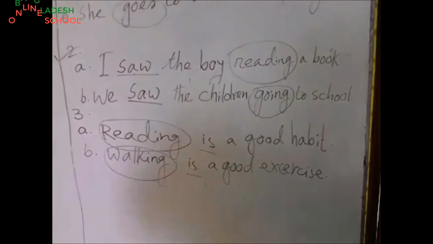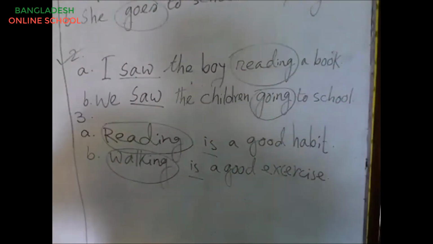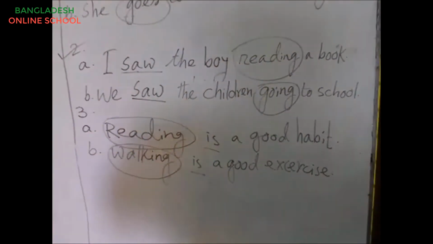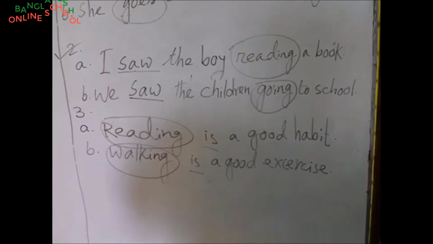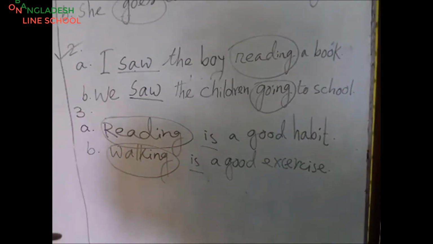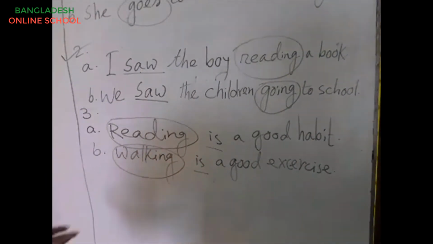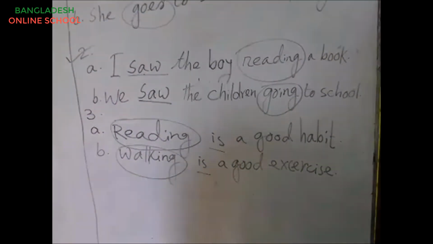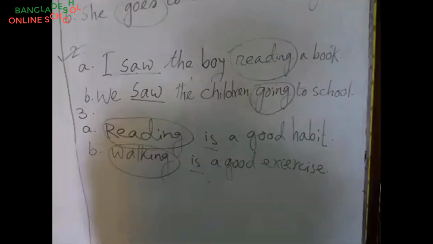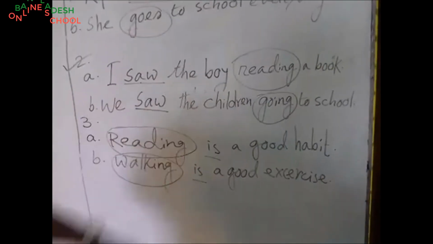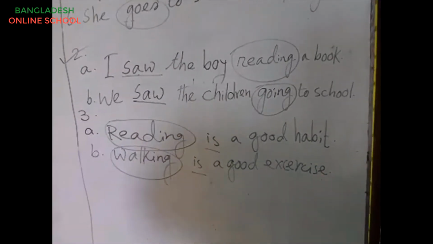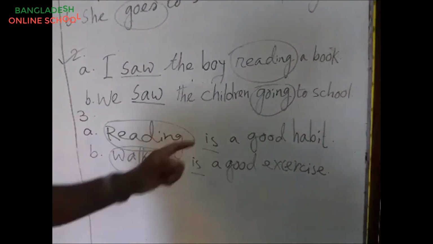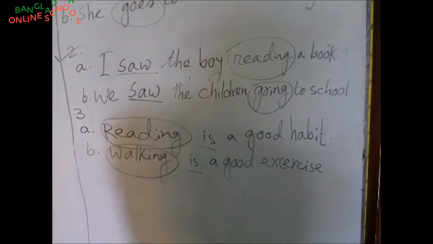So we can generalize that the verbs that cannot express their idea without the help of a finite verb and do not have any subjects are called non-finite verbs. Okay, here you see non-finite verbs are formed with ing at the end.